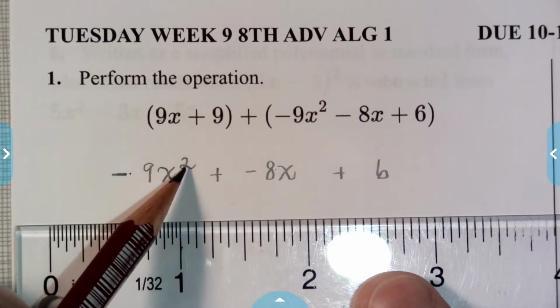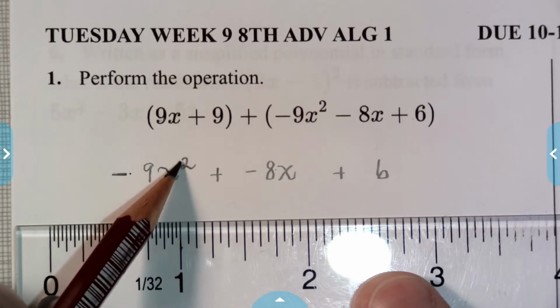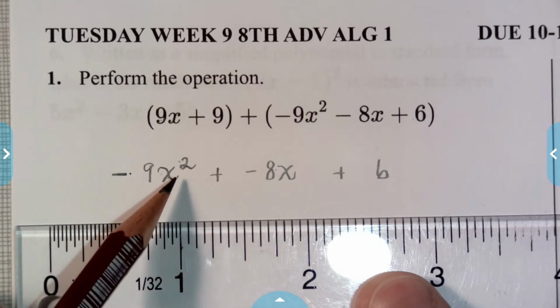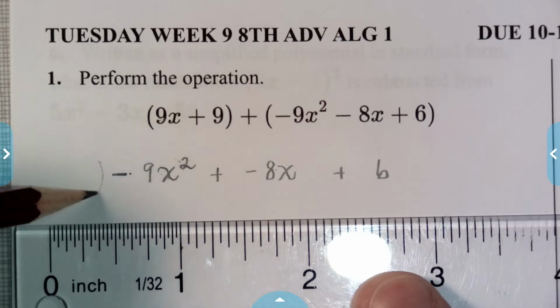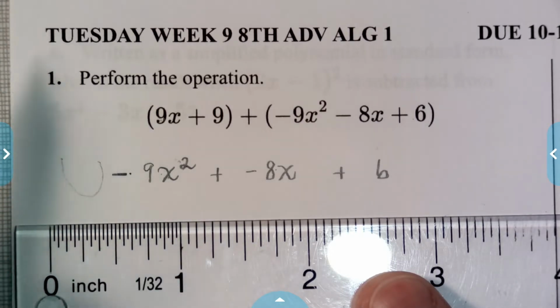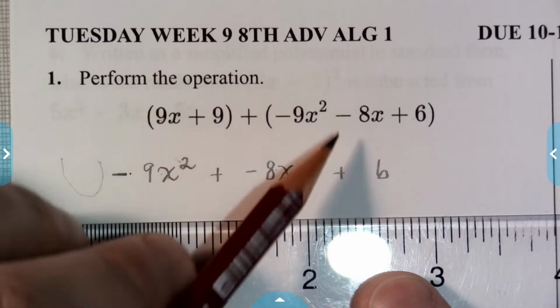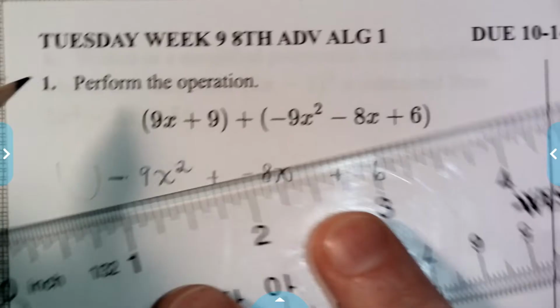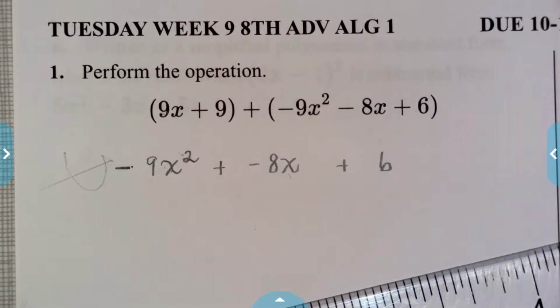A term that has degree 2, or raised to the power of 2, is called a quadratic term. If I were to graph this term, it would look like a hoop. A linear term like 8x or 9x or whatever, it's a linear line, so that would graph with a straight line.